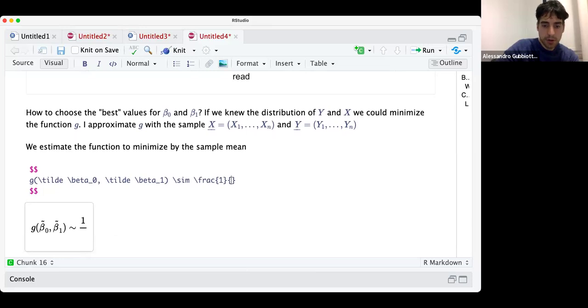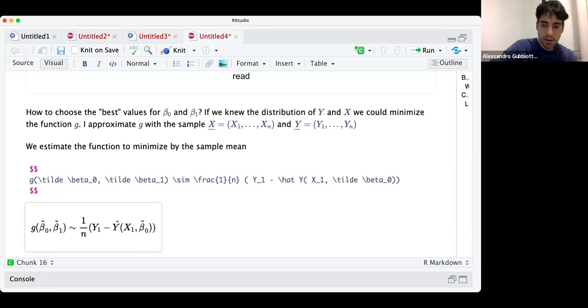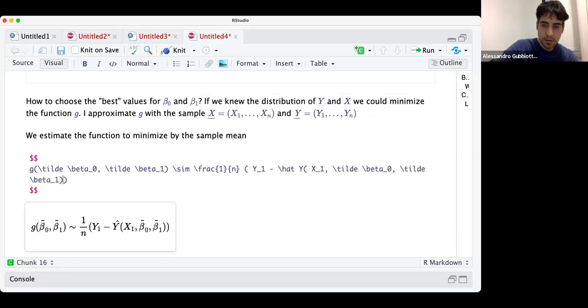This is actually a consequence of the law of large numbers. So the sum of the square differences between the sample and hat y. So what is hat y of x1, tilde beta 0 and tilde beta 1? This is to the power of 2.